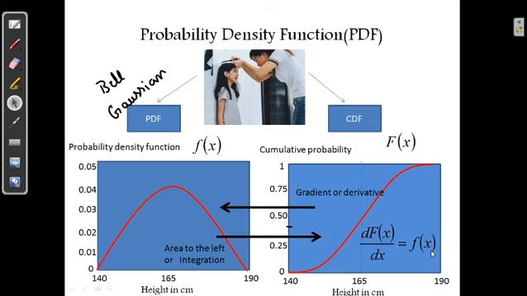Area to the left, usually how do you take it? You keep taking it from this side, from minus infinity to a particular value of x. So what can be asked? How many people are shorter than 165 centimeters? From 165, you go to the left. So what have you taken for that? The integration is from what? Minus infinity to x. What is x? x is some variable value. It can be 165, it can be 158, 154, whatever it may be. So when taking the sum, what do you take? Minus infinity to x, small letter f of x, that is PDF into dx. So that gives you what?